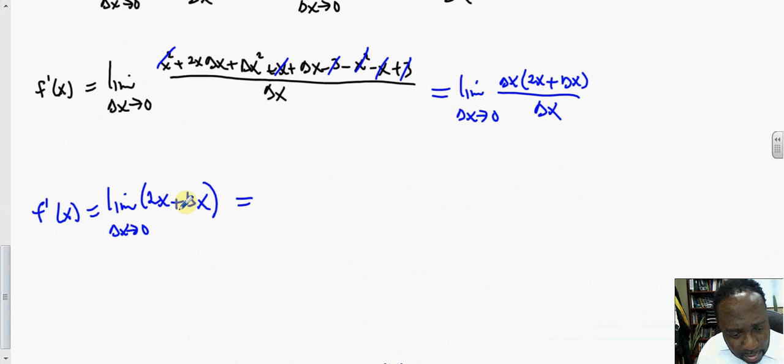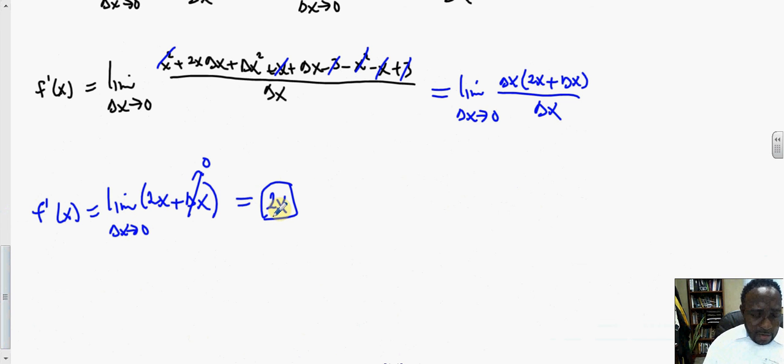Now as delta x goes to 0, we have left the limit of 2x, which in comparison to delta x, 2x would be a constant in that sense. Well, 2x definitely is changing, but with respect to delta x, it becomes a fixed point for whatever value of x that you have.